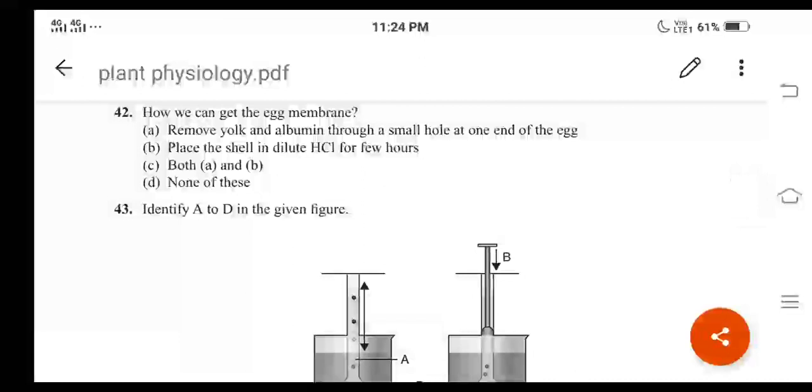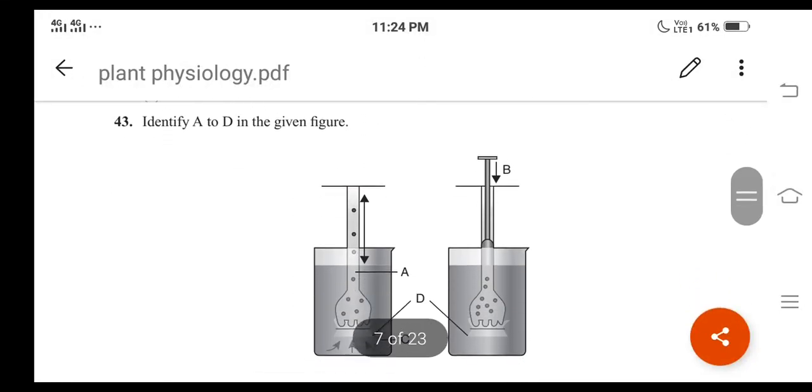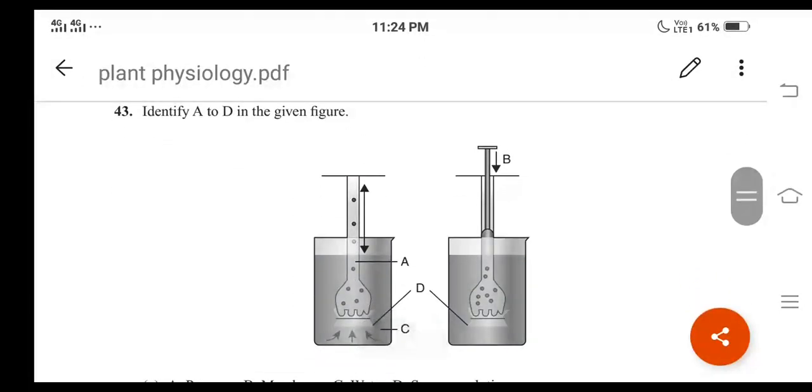According to the question, option C becomes the correct answer, both A and B. Both these statements are related to the removal of the egg membrane from the egg.